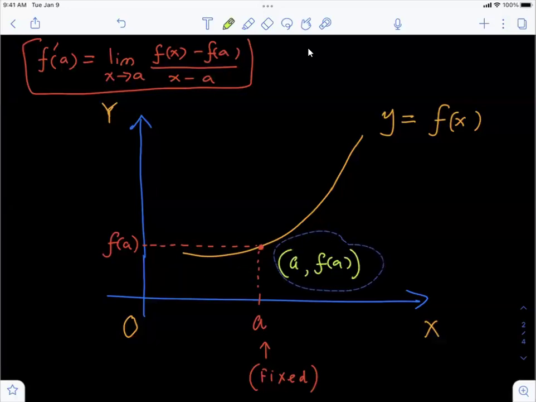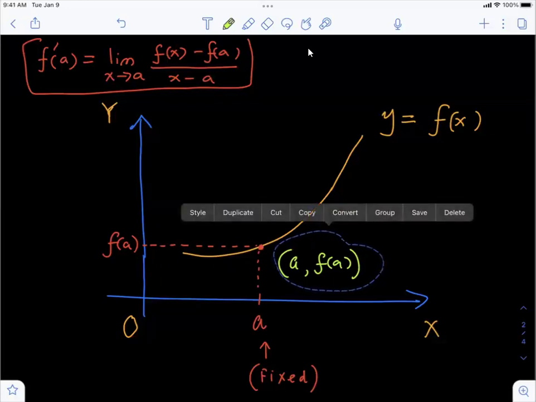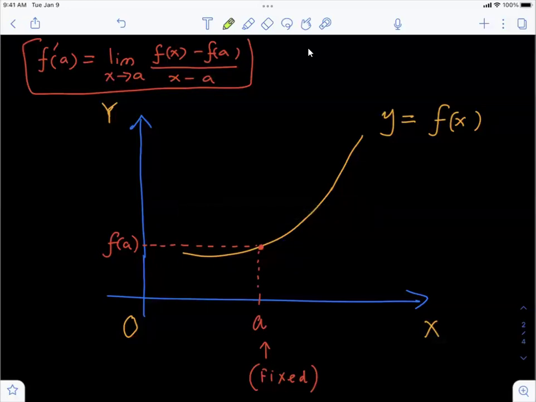Let's get rid of this for a moment because it's on the way. Let's delete it. Whenever we need it, we can write it back.